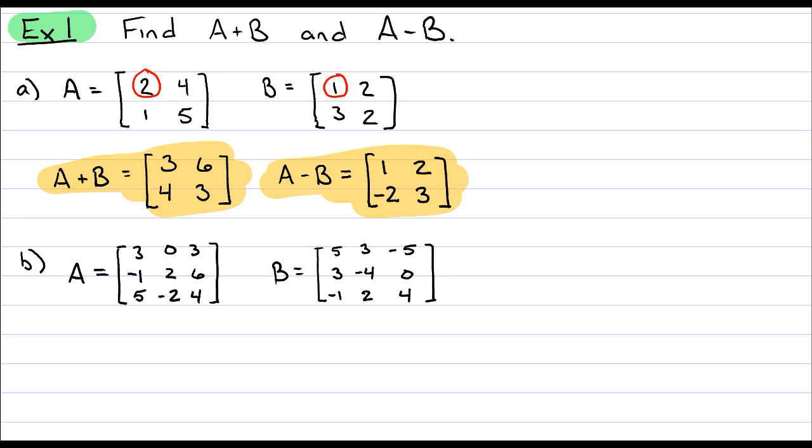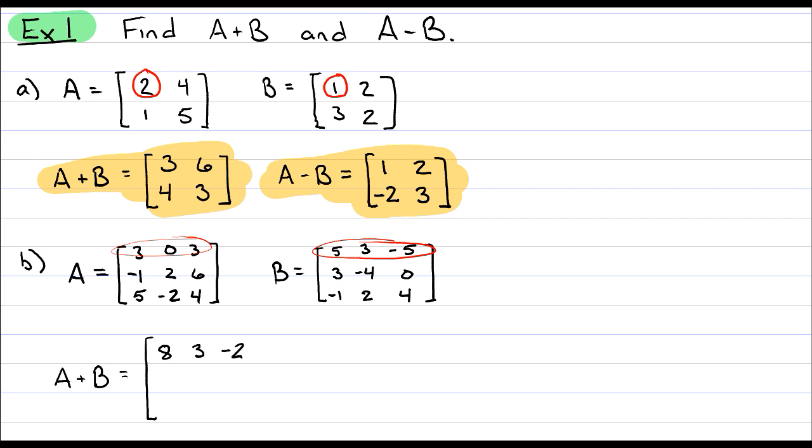So let's start by adding A and B. A plus B is equal to... Okay, so again, I'm going to start by moving across the first row, taking all the entries in A and adding to them the entries in B. So I have 3 plus 5, which is 8. 0 plus 3, which is 3. 3 minus 5 equals negative 2.